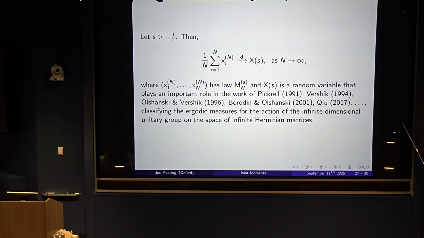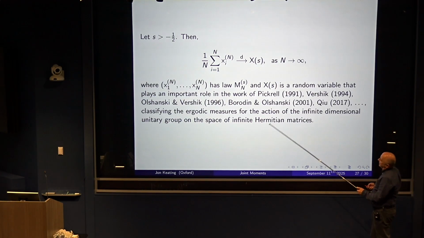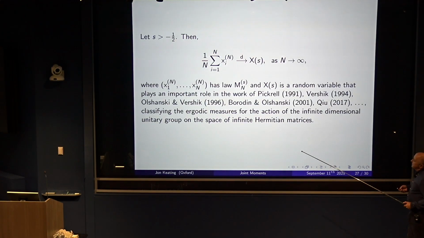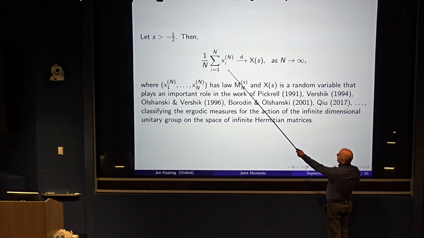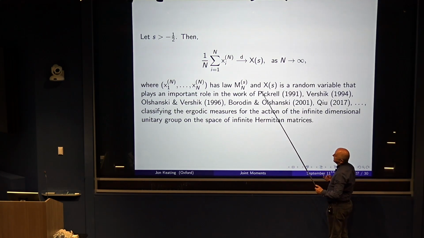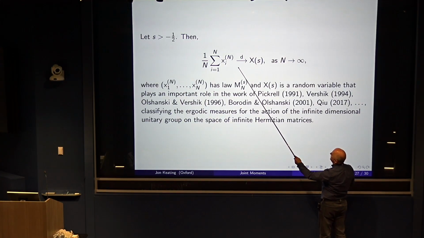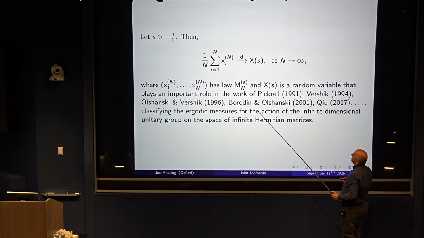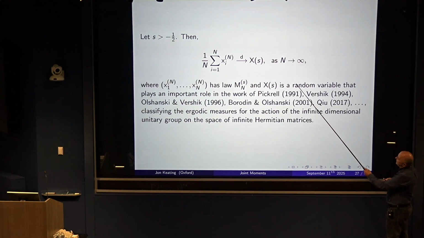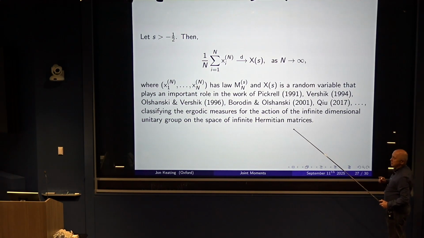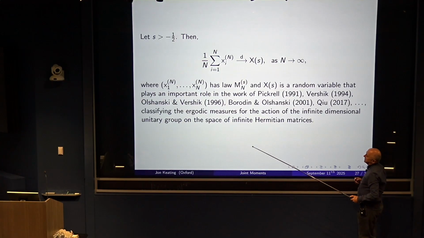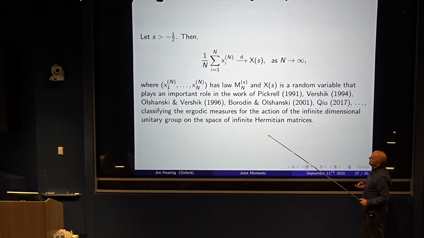It turns out to have appeared in many areas of probability and analysis. So it was studied by Vershik and Olshanski, Borodin and Olshanski, Qiu. And it turns out that they do. You can prove that the points distributed according to the measure I wrote down, the Hua-Pickrell measure, do converge to a random variable. And this random variable that appears, x_s, I'm not going to write explicitly, but it's appeared in many other places in analysis.